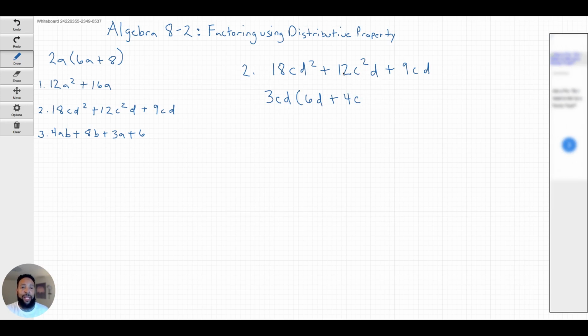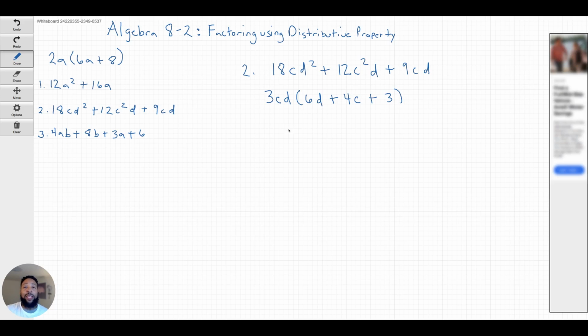We've already pulled out a d, and we're left with 4. So plus 4c. And then we've pulled out a 3cd, so we're just left with 3 here, because 3 times 3 is 9, and you still have your cd. So this is what we're calling factored out. So I hope that helps.